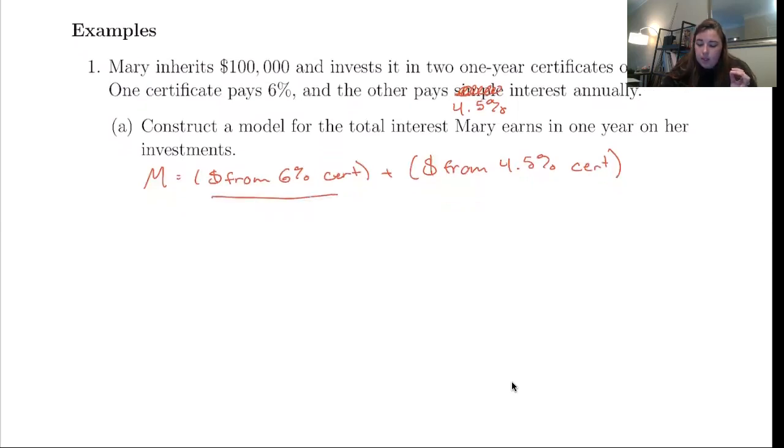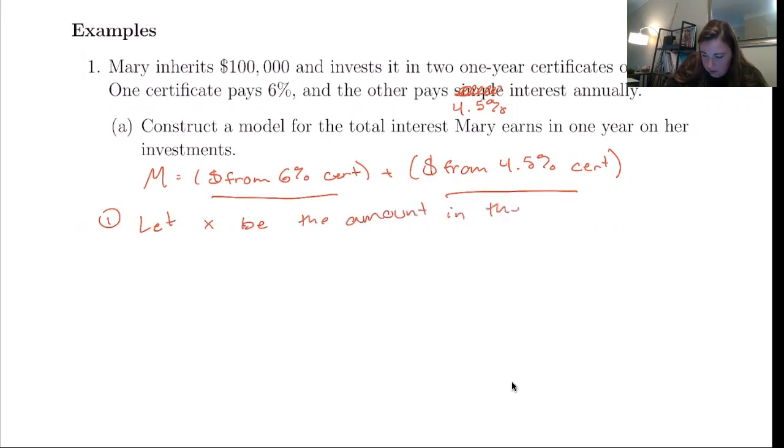All right. So the money that's in these after a year depends on how much she put in the beginning, right? So step 1 is to identify our variable, right? So we're going to say let X be the amount in the 6% account, right? So I'm putting X amount into there.